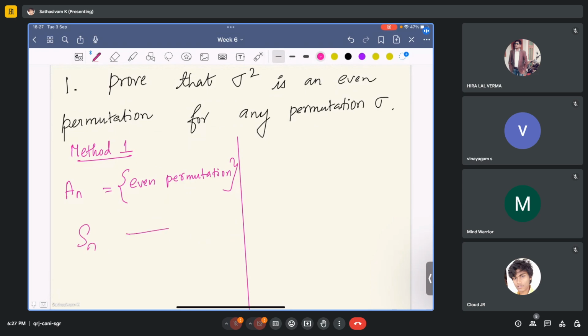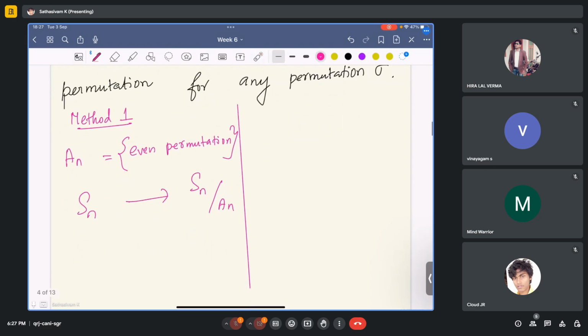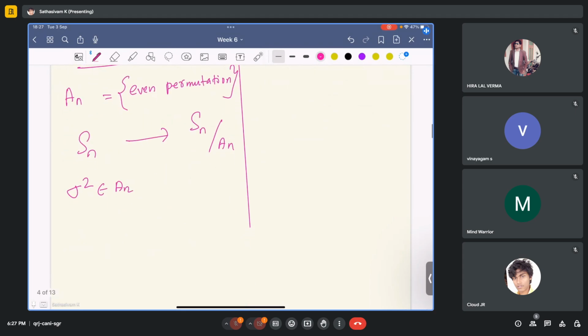So you take Sn and you go to Sn by An. What does it mean to be an even permutation? What we want to prove is that sigma square belongs to An. So we start with sigma belonging to Sn, and we want to prove that sigma square belongs to An. But if you look at the size of this one, the size of this is basically 2.